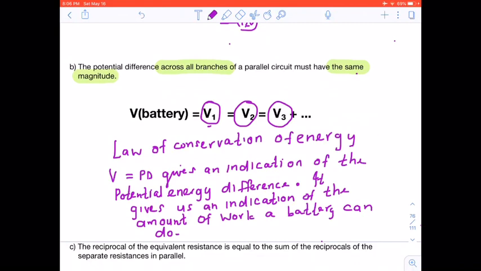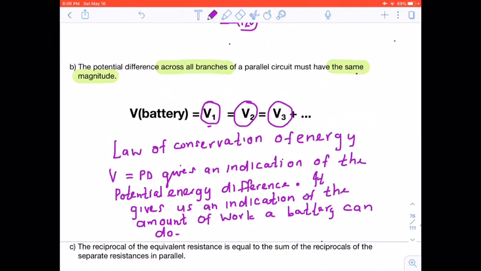We talk about the voltage of the battery, but voltage is essentially the potential difference between the positive and negative terminal of a battery. But as we have alluded to in a previous lesson, the potential difference gives you an indication of the difference in potential energy between the positive and the negative terminals of the battery, right?